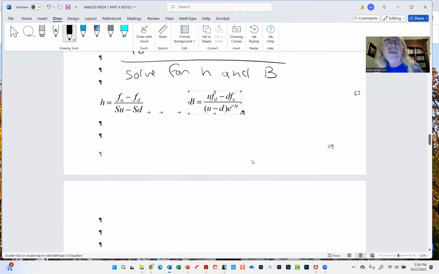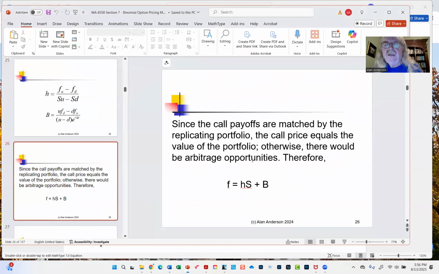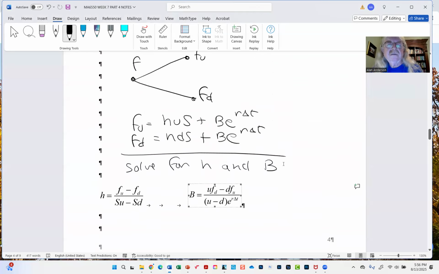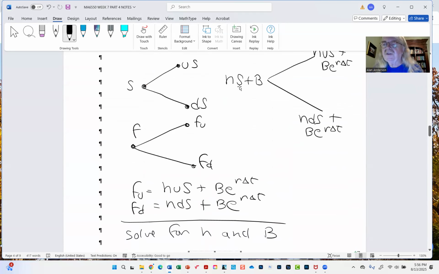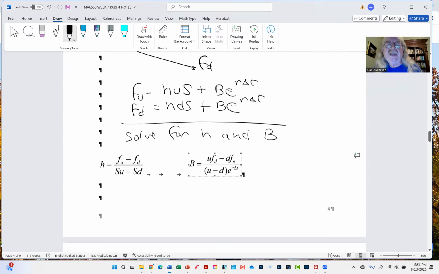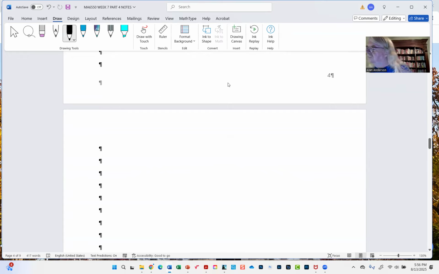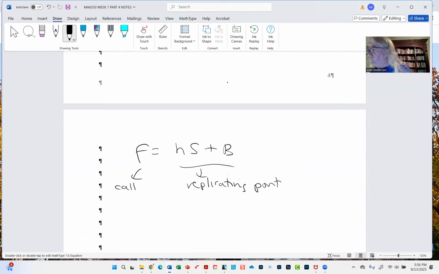Now, that means that we know that F must equal HS plus B. In other words, the price of the option is the same as this replicating portfolio today in order to avoid arbitrage. So we have F equals HS plus B. And we know that again because we know that their cash flows will be the same in the future.